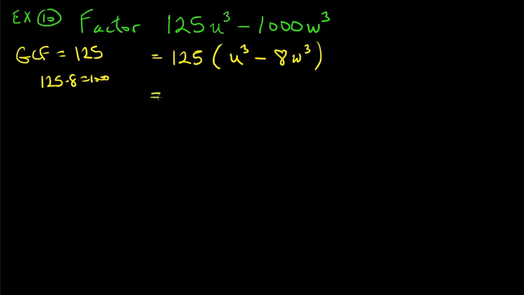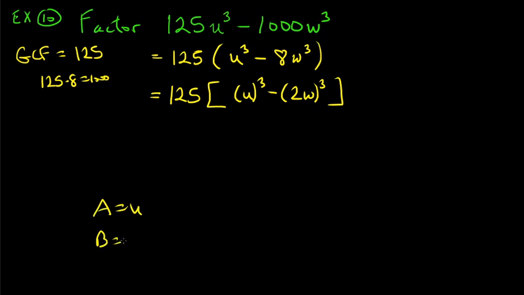All right, so now that we've done that, you should recognize this as a cubed minus b cubed, where a is just u and b is 2w. Right? So a minus b, u minus 2w.